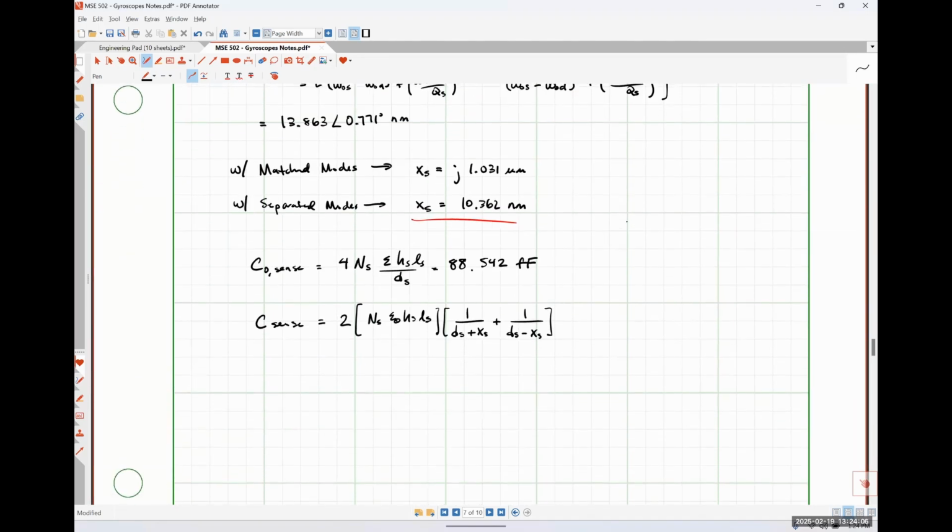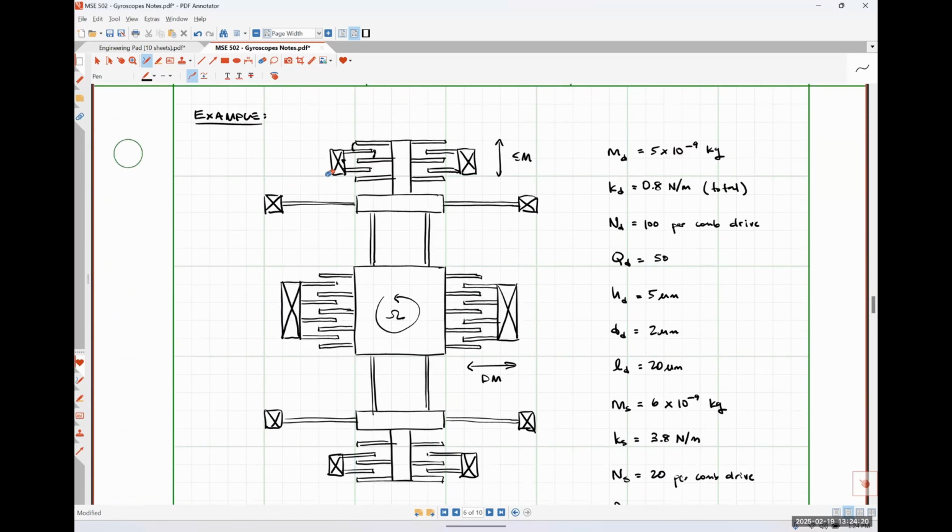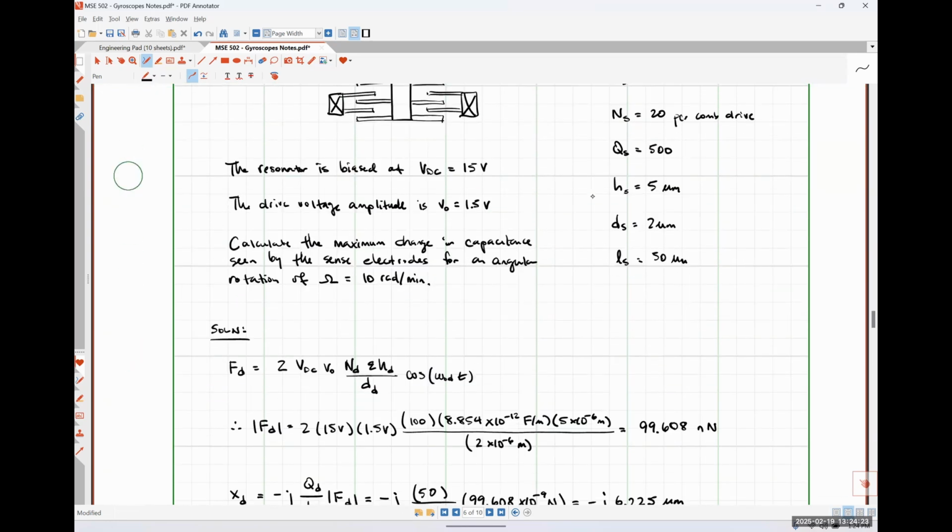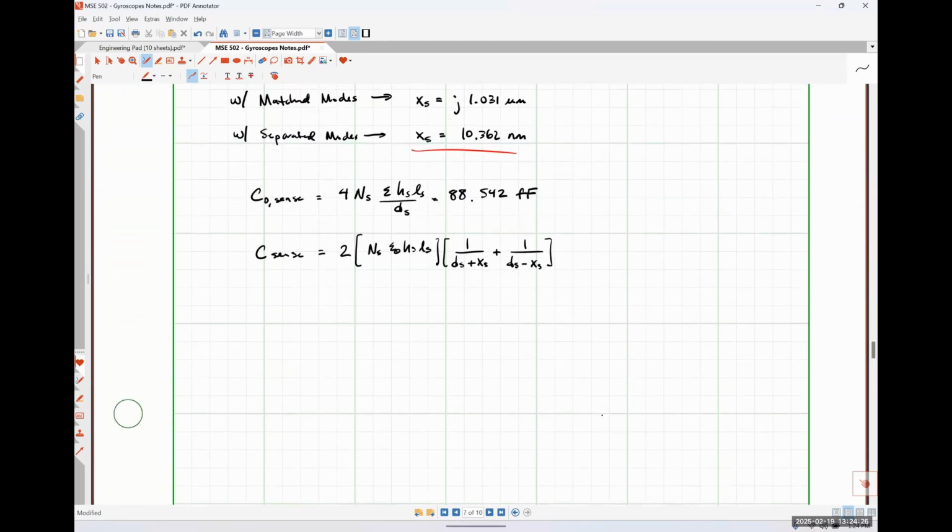And then this factor of 2 here is from the fact that we've got one of those systems on top and one of those systems on bottom. And so just doing simple math here, this would come out to be 88.546 femtofarads.